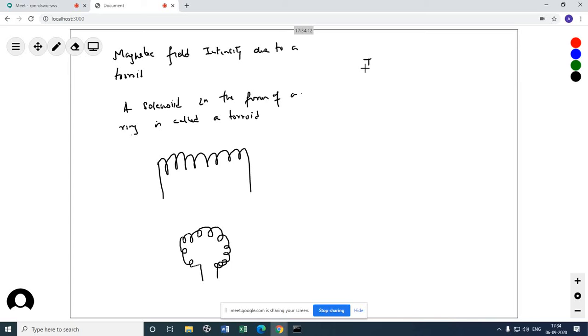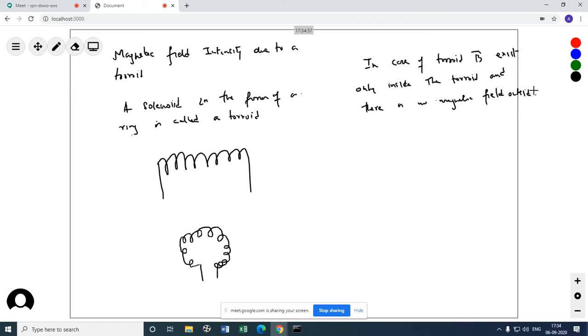So in case of a toroid, B, the magnetic field, exists only inside the toroid, and there is no magnetic field outside.